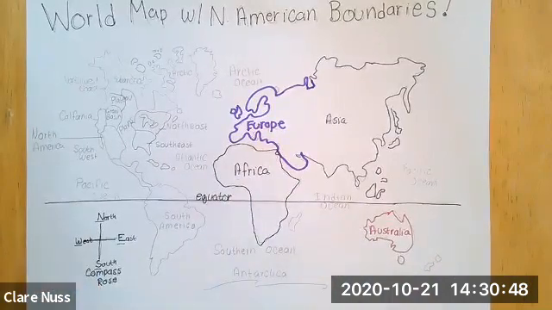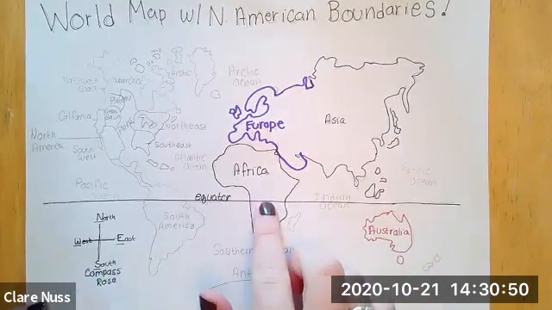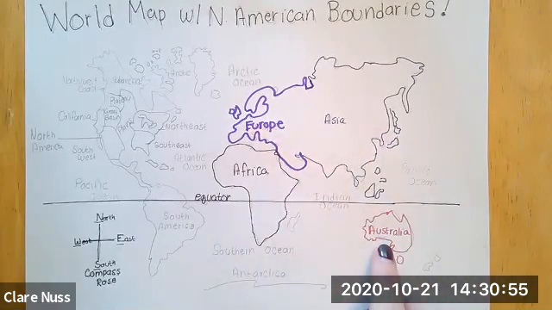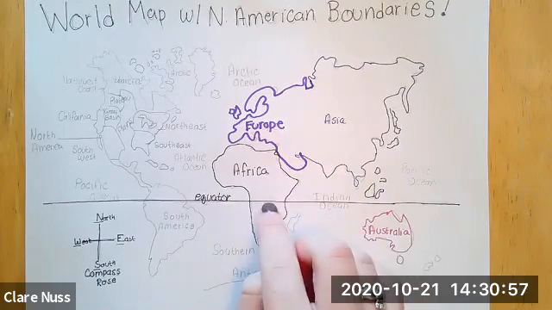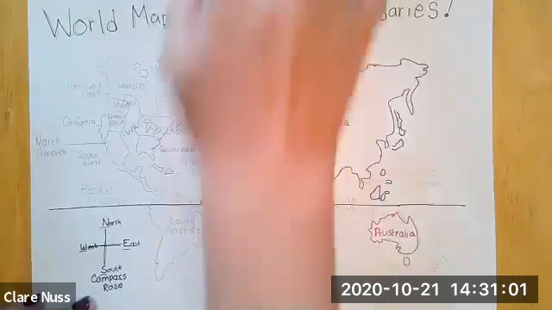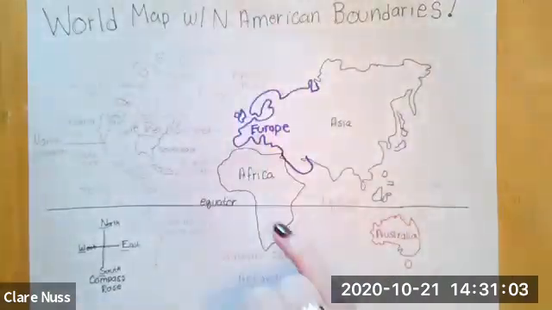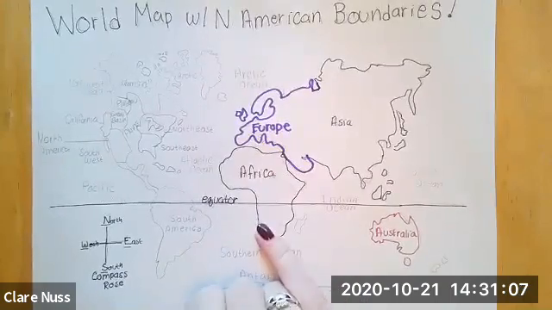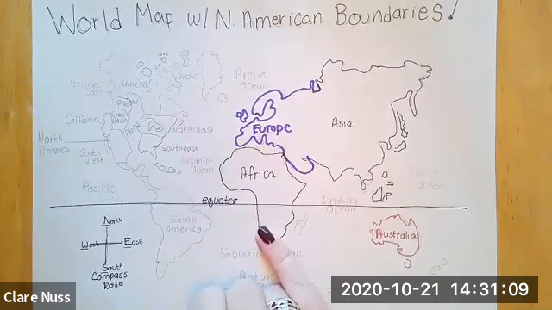Now, you'll notice that there's something very unique about Africa that doesn't happen to Europe, Asia, and Australia. What do you notice about Africa? If you said, I noticed that it's split by the equator, so I have the northern hemisphere and the southern hemisphere, then you are absolutely correct.